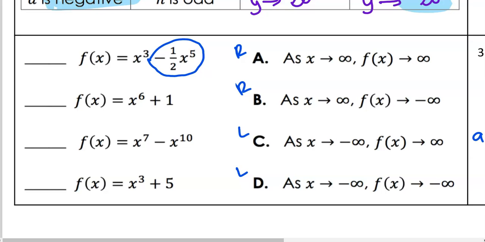So which one of these shows up for the left-hand side? As my y's go up, that shows me up. This guy goes up and then down. On the right side, which one shows me down?